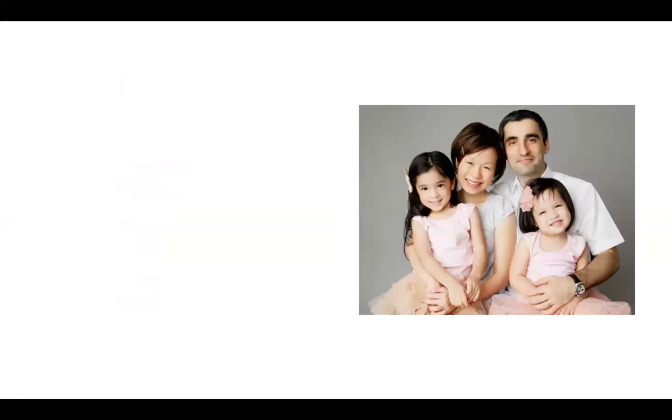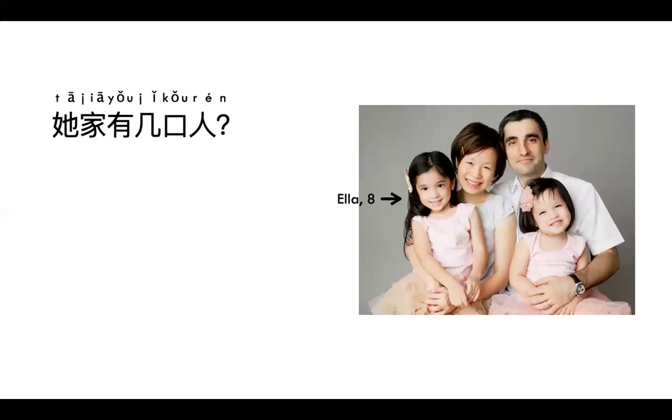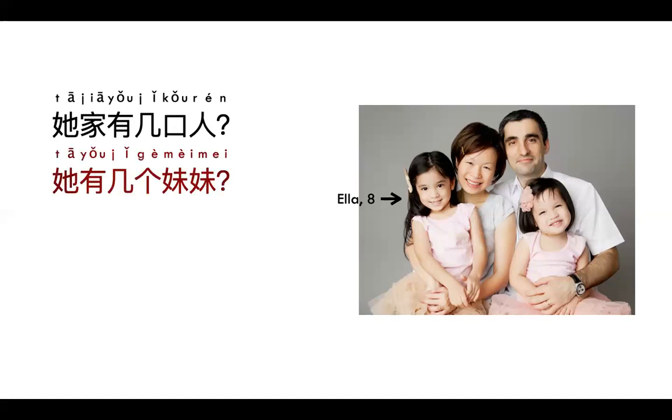这是 Ella 的一家. This is Ella's family. Now, the questions. 问题. 他家有几口人? Answer. 他家有4口人. 他有几个妹妹?